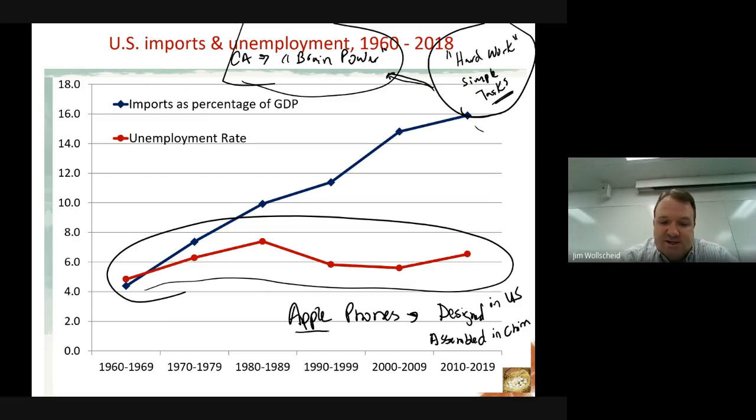Most of the most expensive part of your Apple phone actually isn't the components. In fact, I could give you the components for your Apple phone, and it'd probably cost you $20. But if I gave you all those pieces, how many of you could design a phone with those pieces? Well, probably not very many of us.